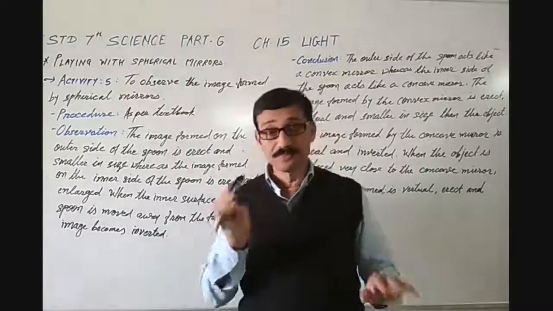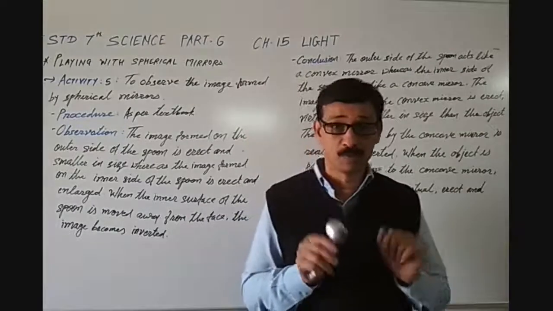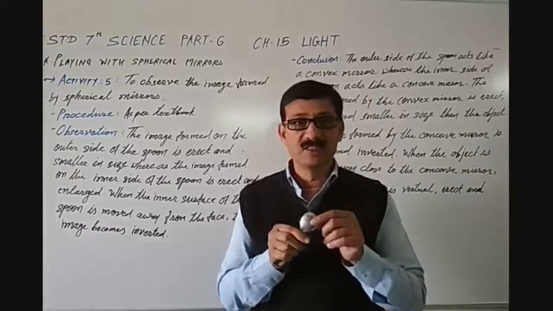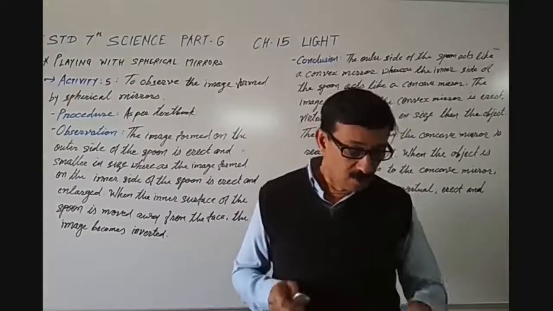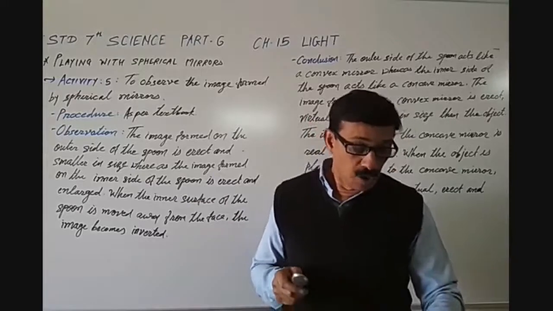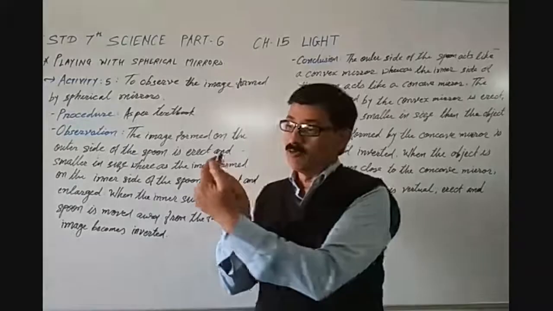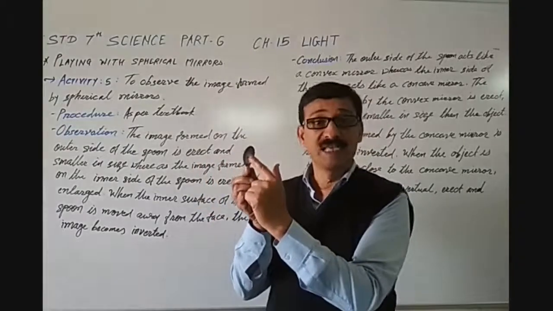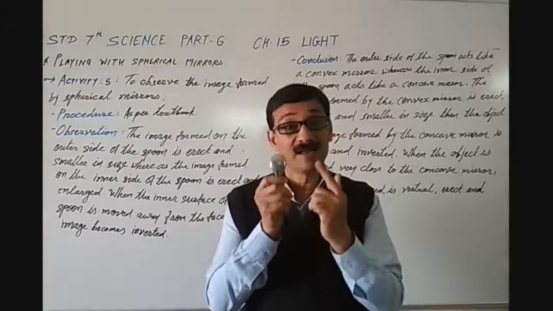Now Paheli also has a stainless steel spoon, isn't it? And let me tell you, this is not a very shining spoon, just to make you understand. Now this is the back side of the spoon and this is the front side, or we can say the inner side. Where did Paheli see her image?